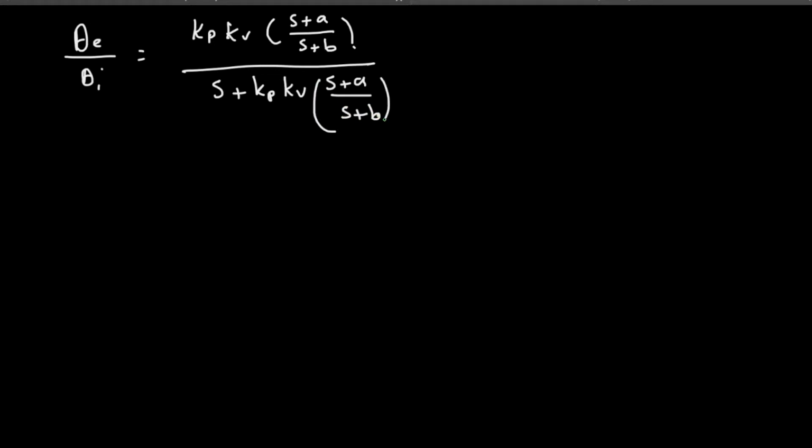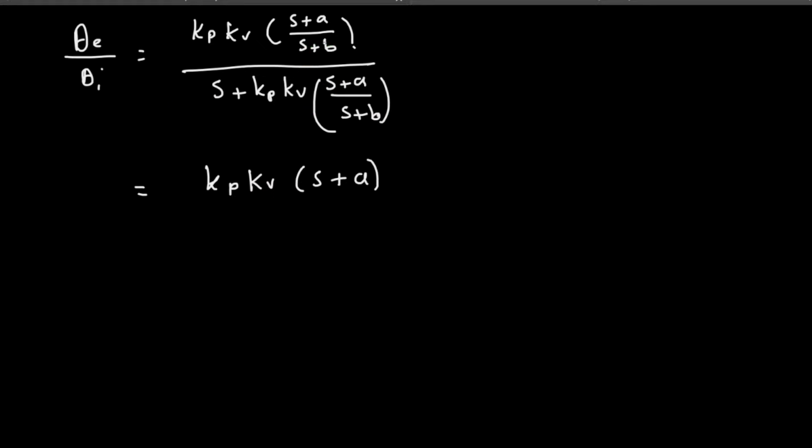Now let's try to simplify some terms. In the numerator we have Kp Kv, and I keep the s plus a in the numerator, and if I bring the s plus b, this is like if you have 1 over a, you can bring the a to the denominator and multiply everything. Same thing goes to this.